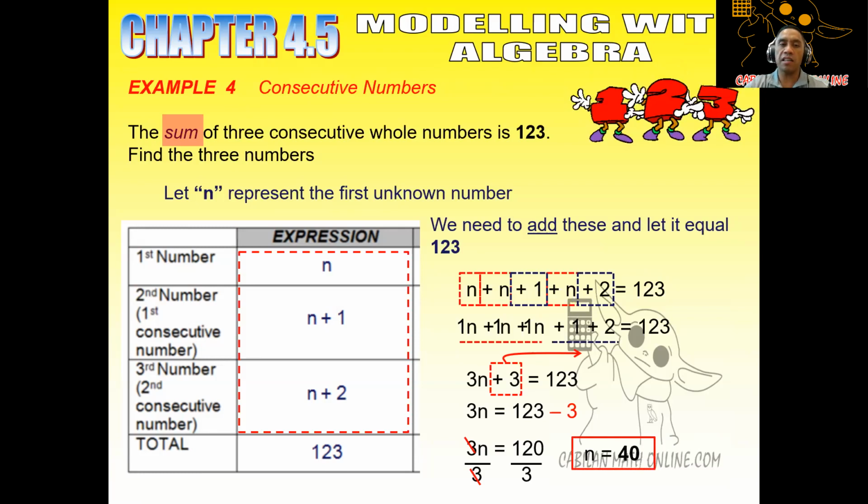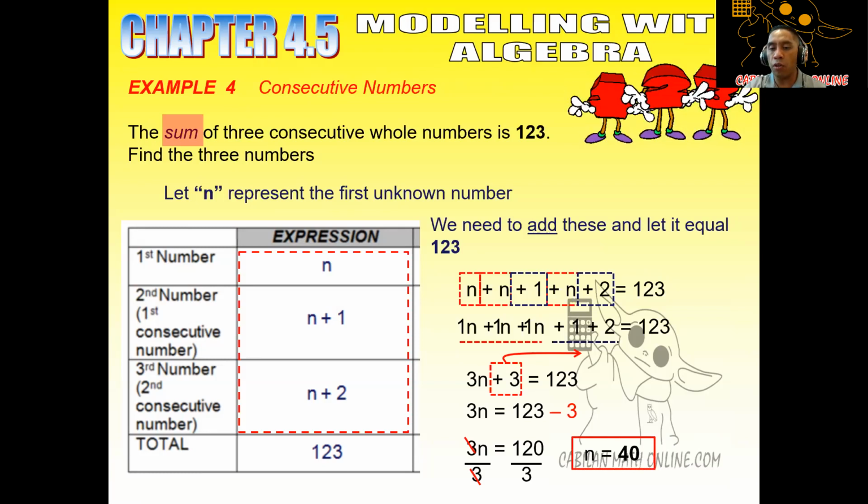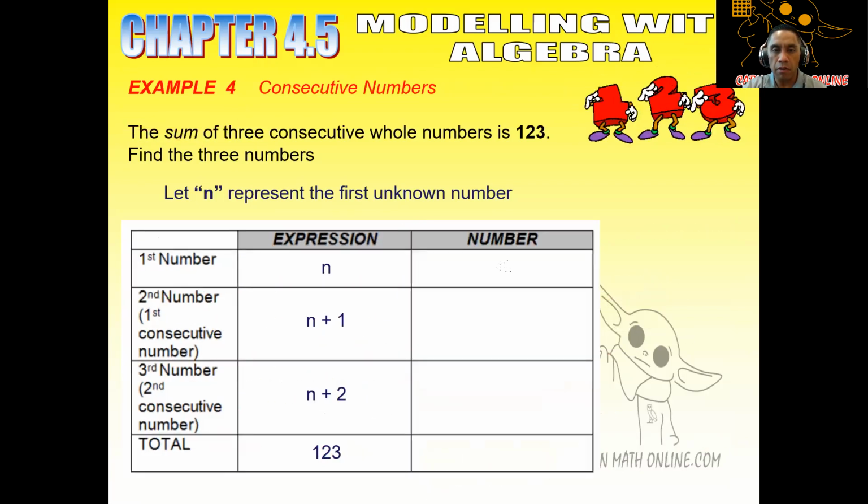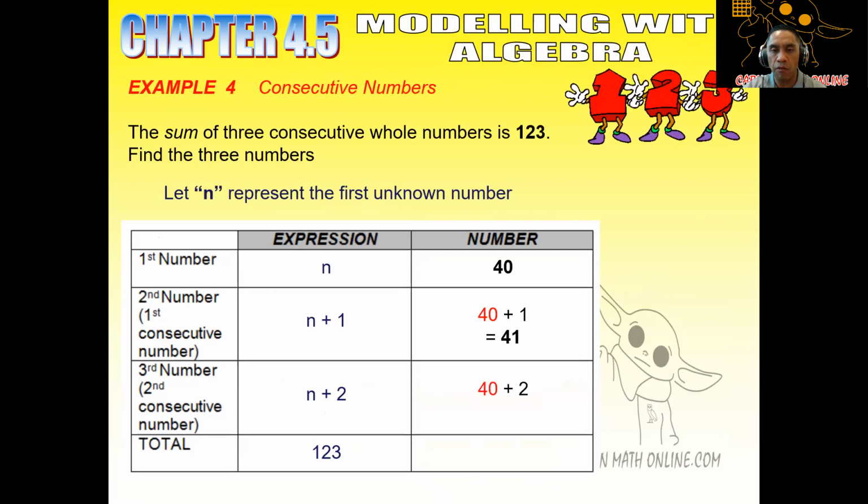So what this means is that we now know the first number, which means we also know the next two numbers because, again, the numbers are consecutive. To fill in the chart, this is our first one here. For the second number, we have 40 plus 1, which gives me 41. And last but not least, for the third number, we have 40 plus 2, and that'll give me 42.